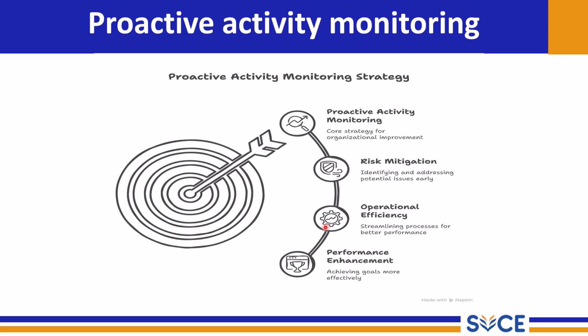CircleCI Insights has built-in analytics to monitor job duration, failures, and flakiness trends, and proactive alerts for pipeline slowdowns or outages. GitLab CI/CD monitoring integrates with Prometheus for built-in performance metrics, which track pipeline efficiency and resource consumption.